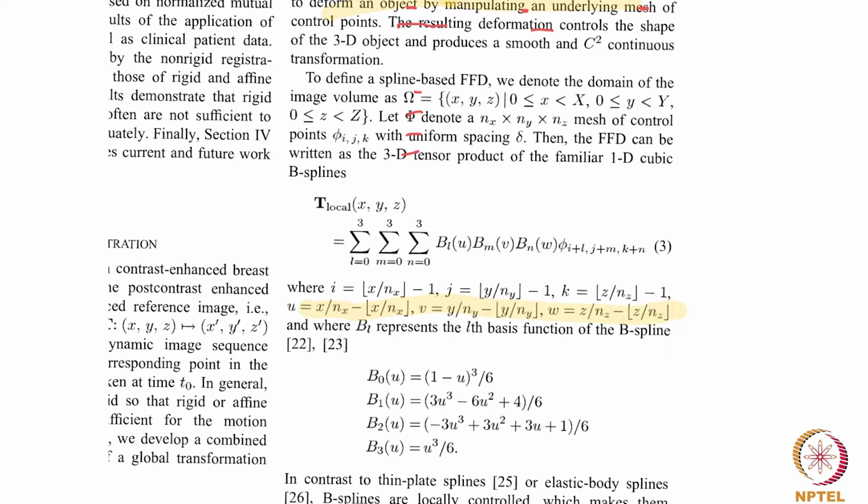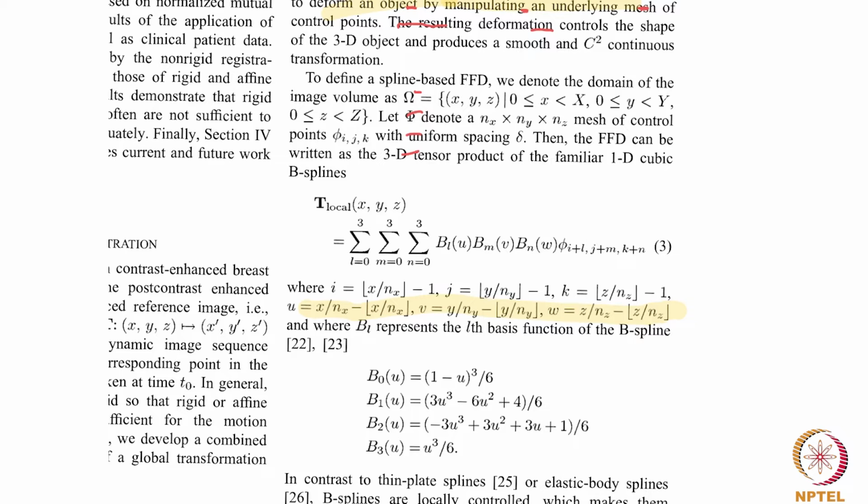So this is the algorithm in a nutshell. Of course you can see that it's complicated to code, and we'll also see what kind of loss function is being used. But the first step is you evaluate a global transformation, which is your affine transformation. Once you have done that, you estimate the local transformation using B-splines. So you have a mesh of points where you estimate the deformations, and using that mesh, you interpolate everywhere else using the B-splines.